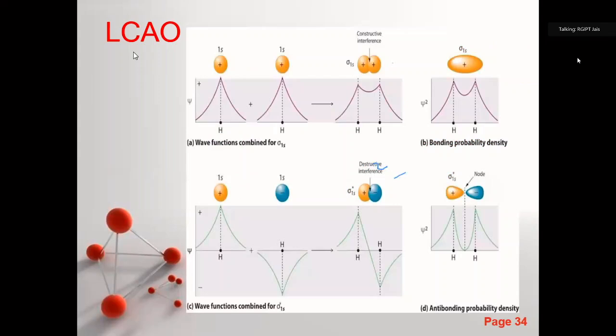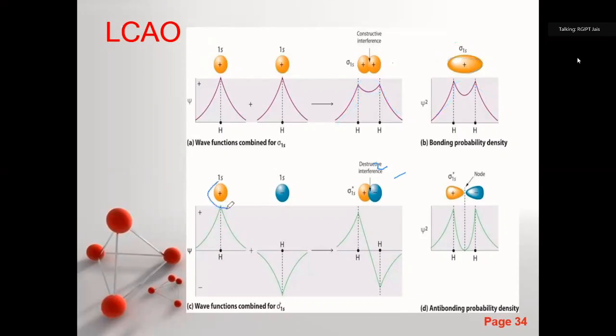Next is how the atomic orbitals interact according to their wave function. Take an example, either in this direction or this direction. If positive interacts with positive, there is a formation of a higher electron cloud, sigma 1s, and the density is increased.